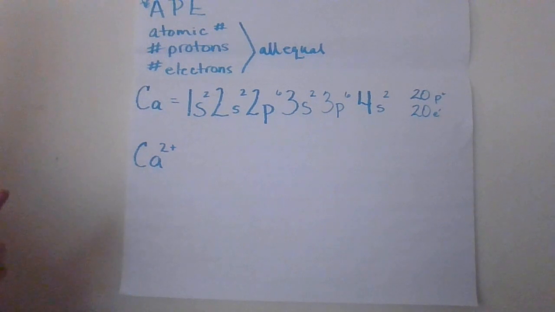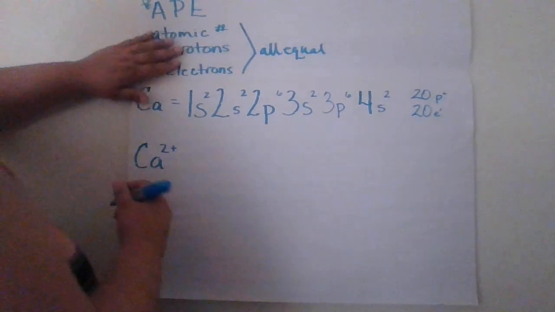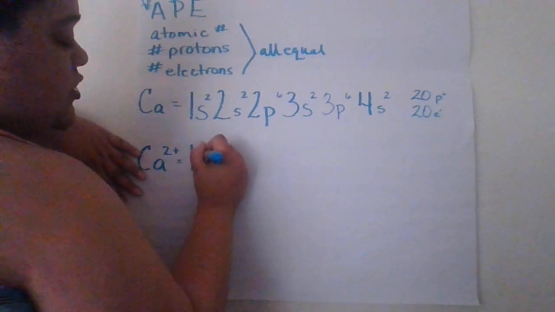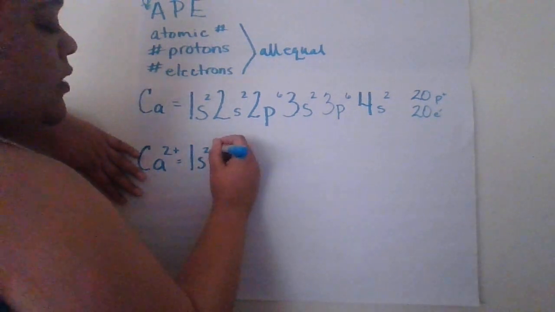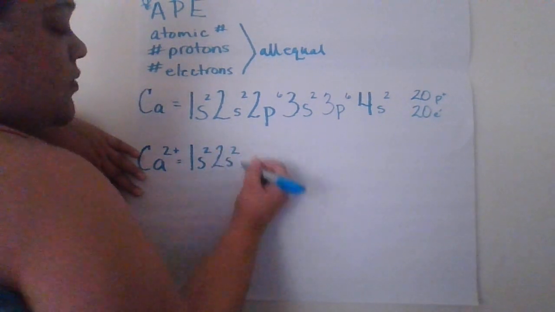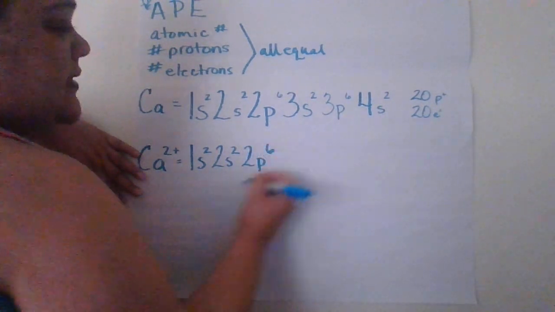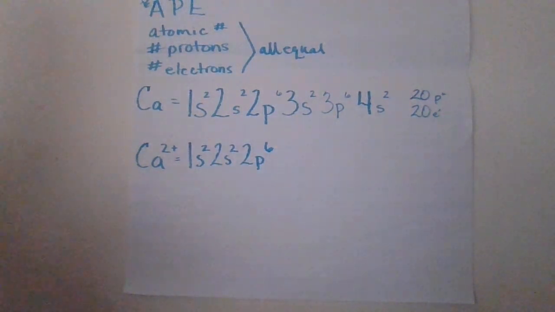So let's see what happens with this particular element. It has lost 2 electrons. So in this case, it means it's only going to have 18 electrons in its electron shells. So we would still be utilizing 1s2, 2s2, 2p6, and here is where we need to slow down.